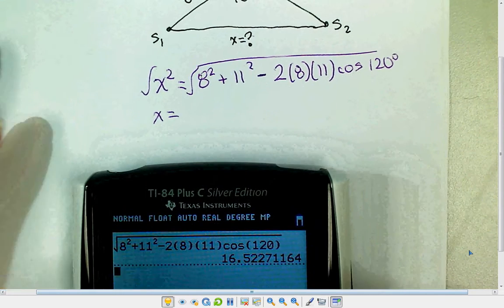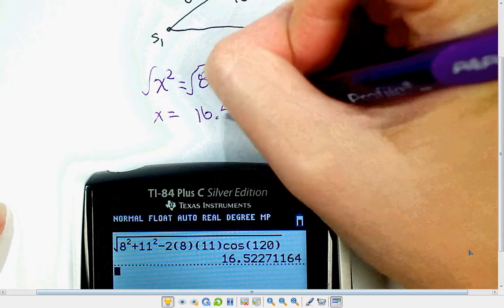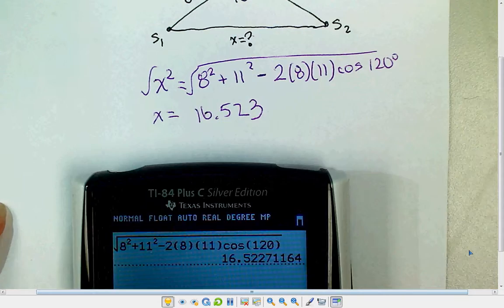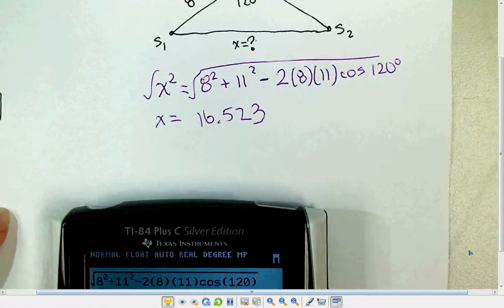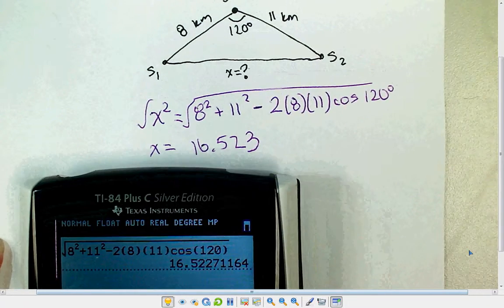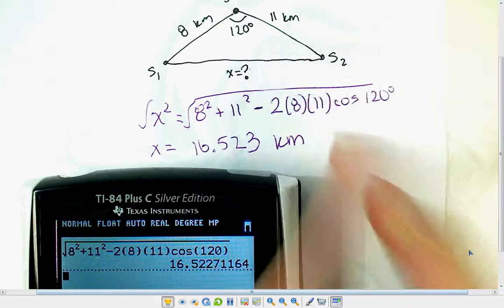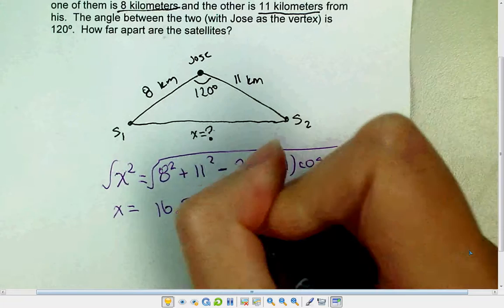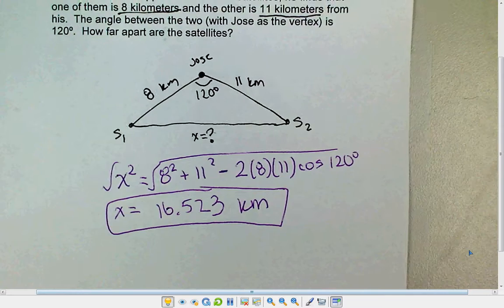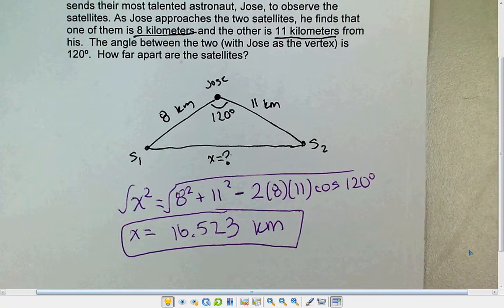And it gives us 16.52. We're going to round that to a 3. And because it is distance, we do have units. 8 and 11 are both measured in kilometers, so this is also going to be a kilometer. So our answer is 16.523 kilometers.